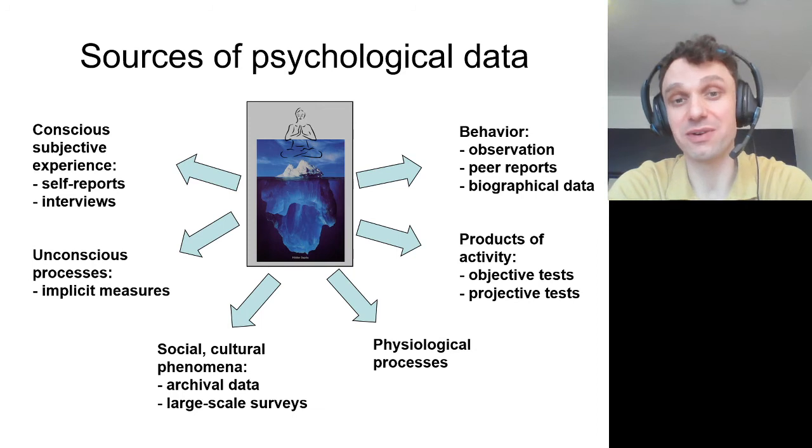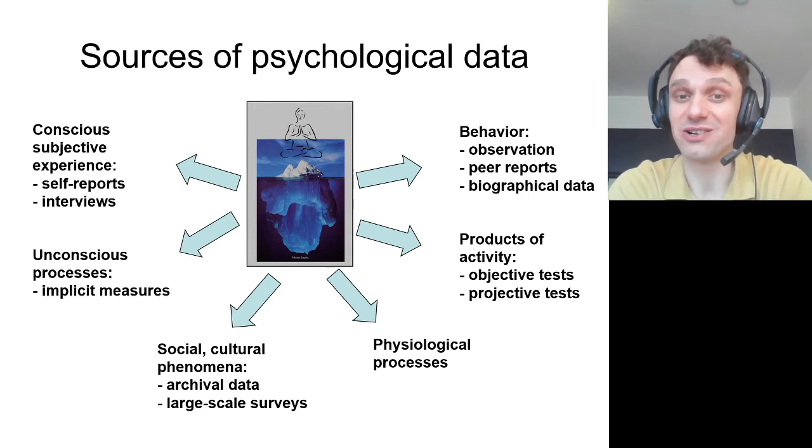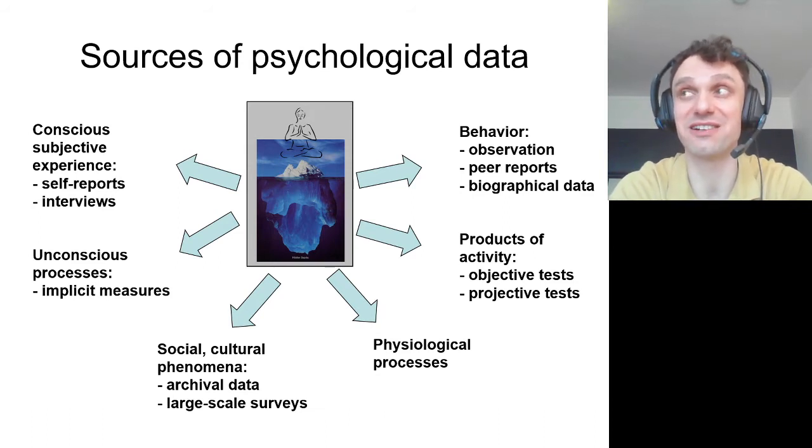For example, with behavioral data, in addition to asking a person to describe their own personality, we could also ask their friends to rate their personality characteristics, and that would be a peer report. Or we could collect some biographical data, and this way we can get some more objective view of what's happening to a person in their life, what kind of changes, what kind of choices they made during their life course.